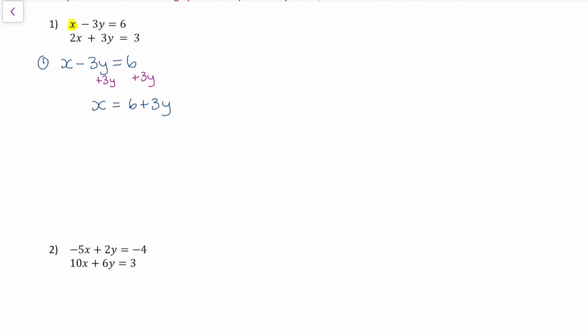I've gotten x by itself. I'm then going to, step 2, substitute that into the other equation, whichever equation you didn't use. So the equation I didn't use is 2x plus 3y equals 3. And I'm going to substitute 6 plus 3y in for x.